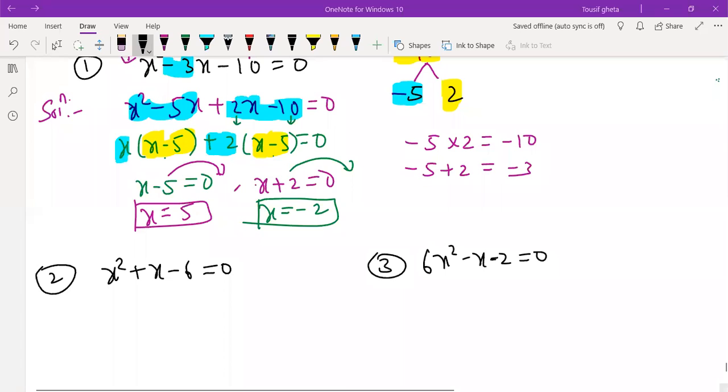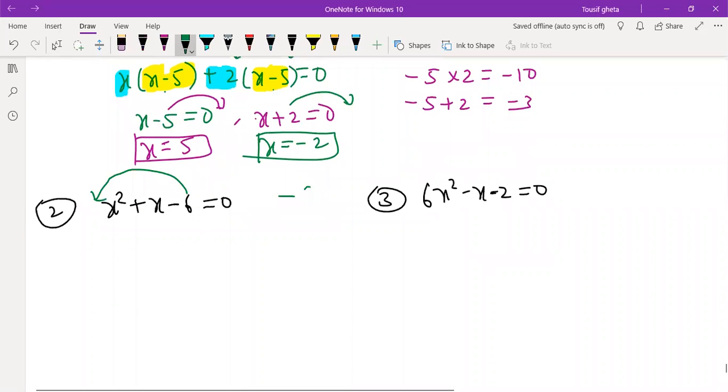Minus 6 ones are minus 6. I need, if I multiply, I should get minus 6, and if I add or subtract, I should get plus 1. Some people may think that 6 ones are 6, but you will not get 1, either if you subtract or add.